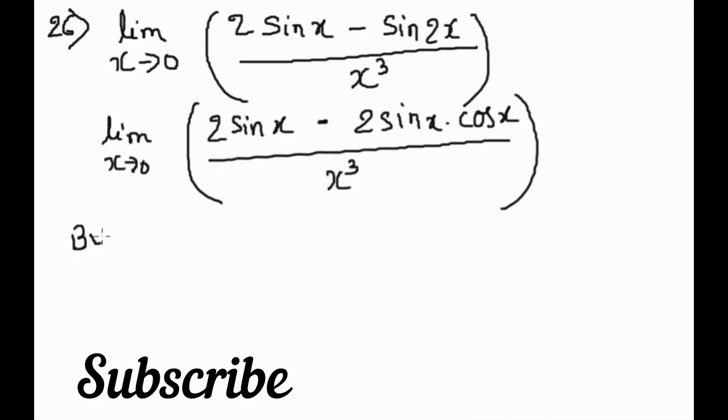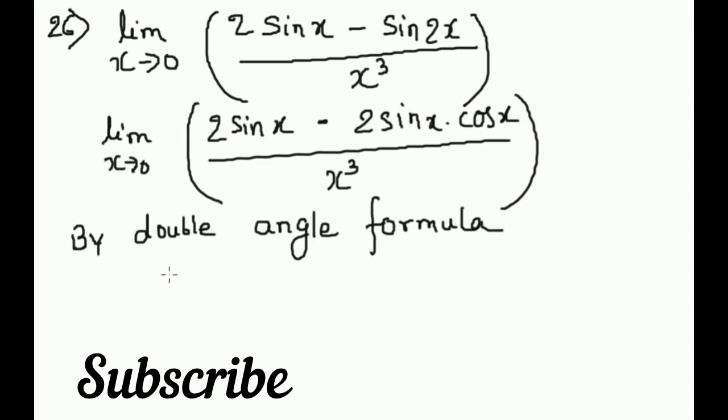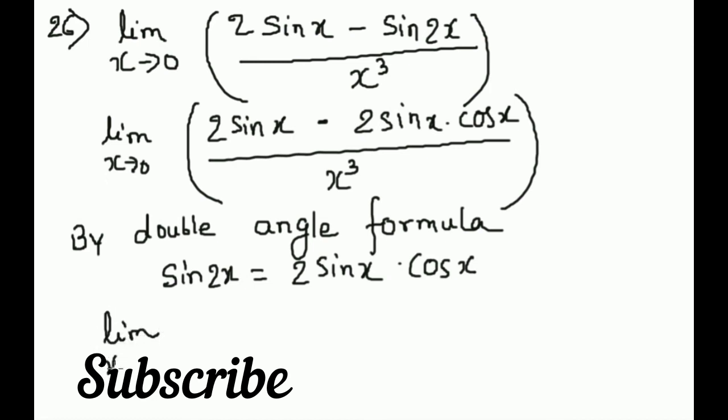By using double angle formula, we can write sine 2x equal to 2 sine x into cos x. So limit of x tends to 0.